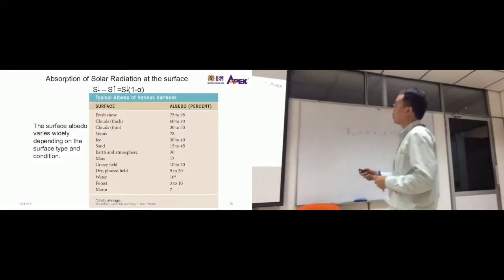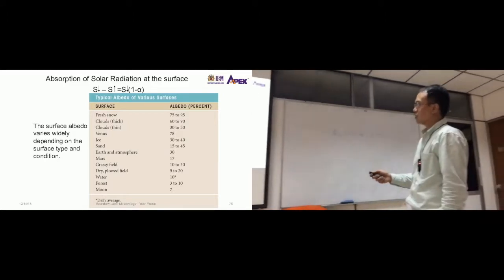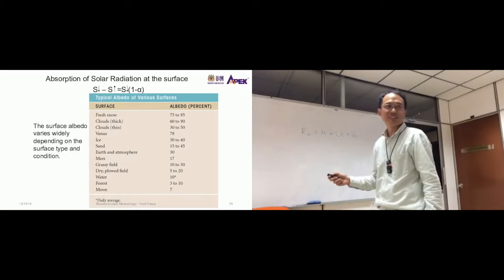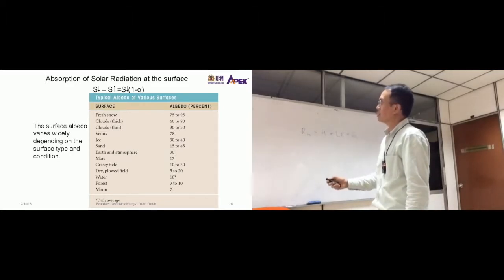Okay. Absorption of solar radiation at the surface. We have this coming in and going out, but we can summarize this to become the incoming, times parenthesis 1 minus alpha, the albedo or reflectance. These are some values for albedo in percentage.